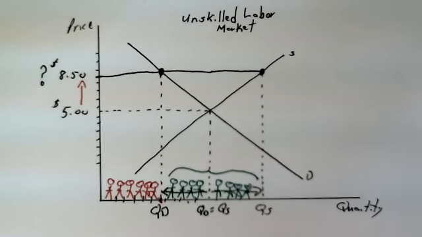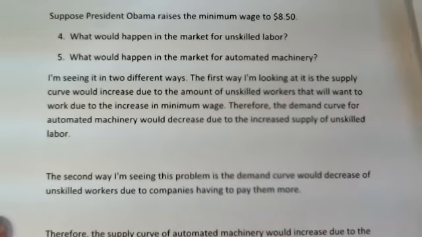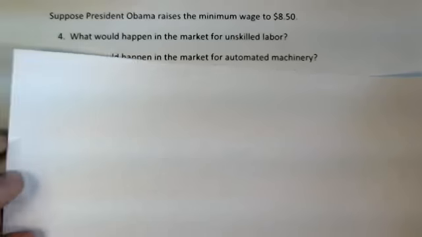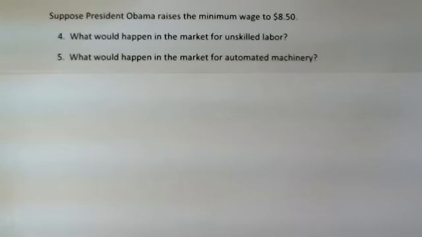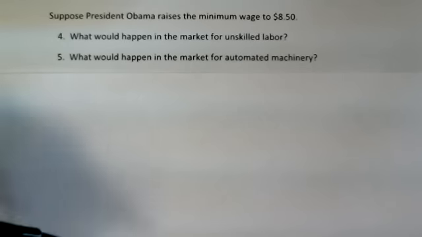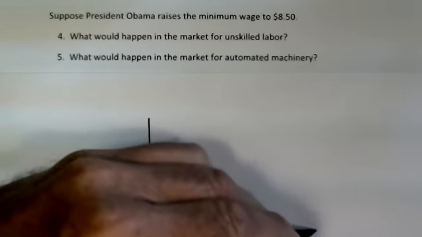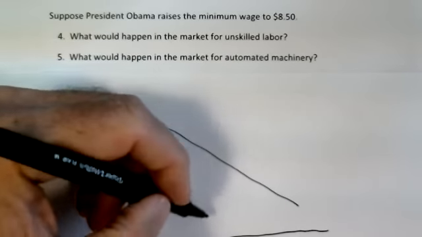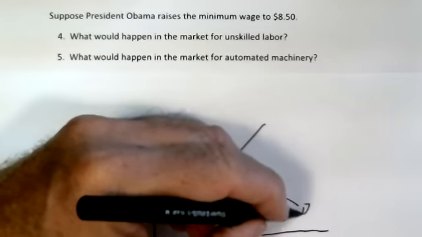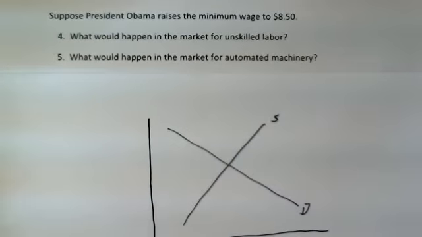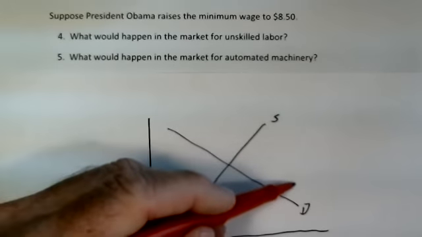Now the second part of the question was, what would happen in the market for automated machinery? All right. So automated machinery is a substitute for unskilled labor. So if unskilled labor gets expensive, the demand curve for automated machinery would increase.